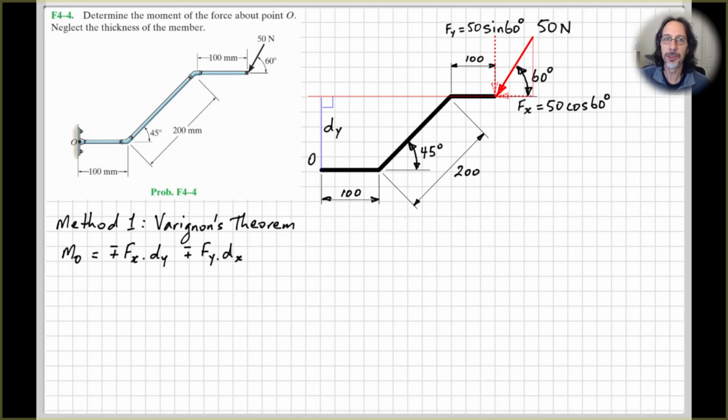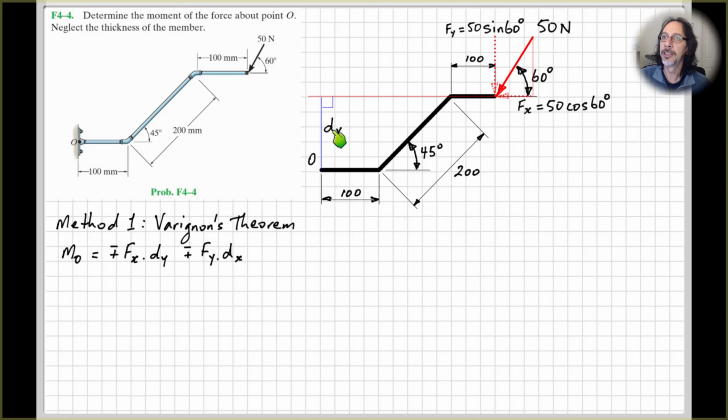A lot of people just remember force times distance, or even force times perpendicular distance. But to be able to apply it consistently and correctly all the time, know the rest of the sentence about what the moment is: it's the perpendicular distance from the point we're calculating moments about, perpendicular to the line of action of the force.